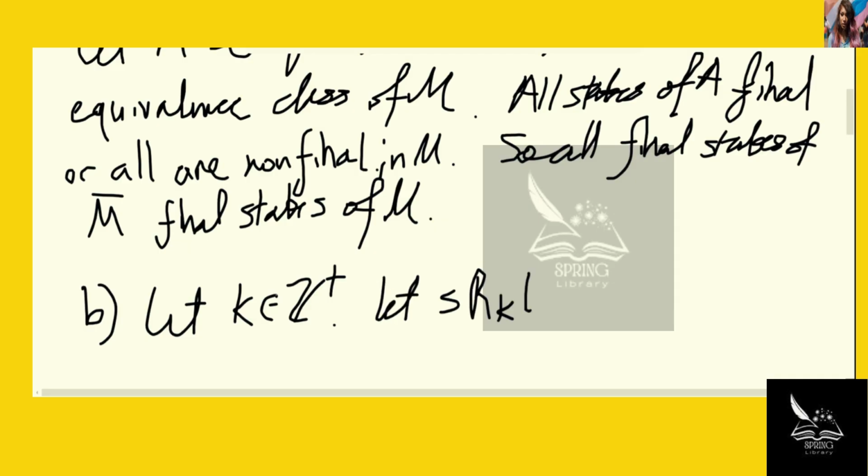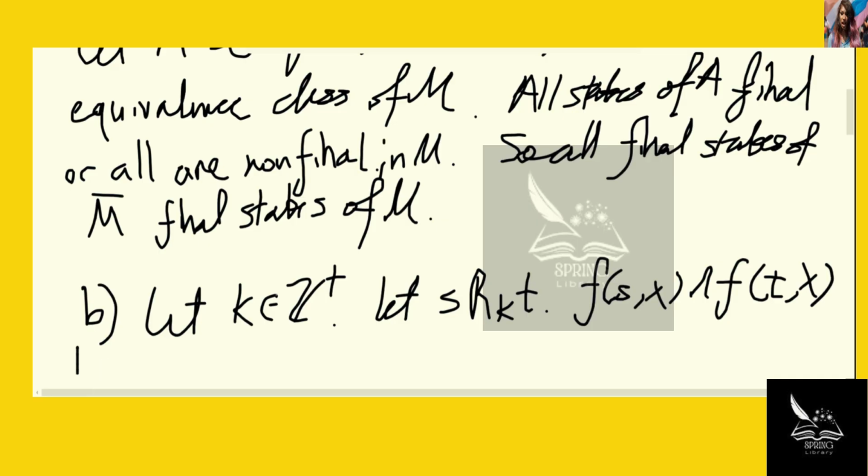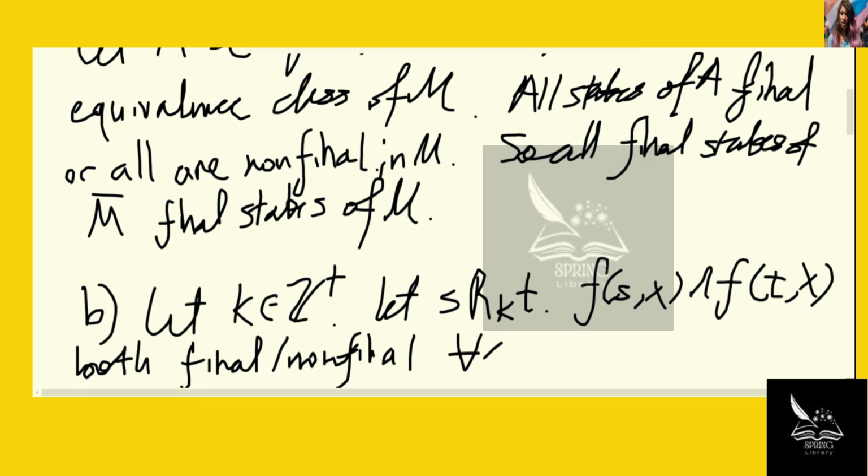Now suppose that S is k related to T. Then it follows that f of Sx and f of Tx are both final states or are both not final states for all strings x of length less than or equal to k.